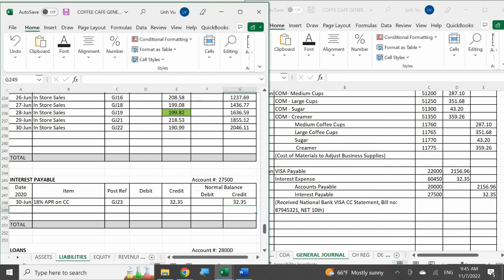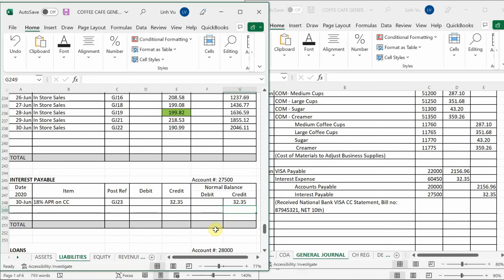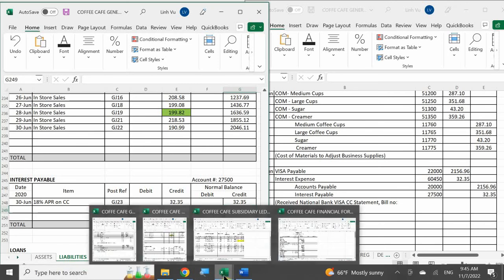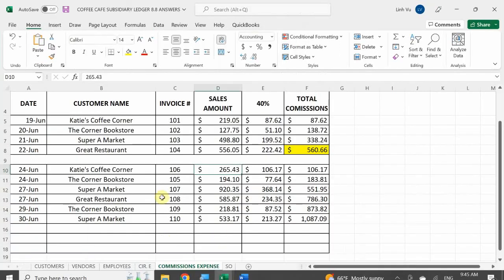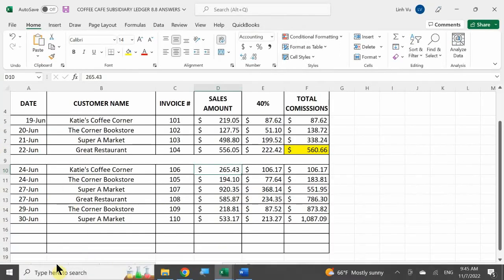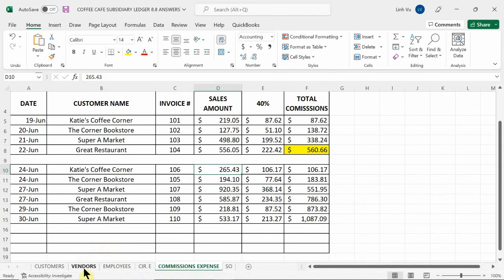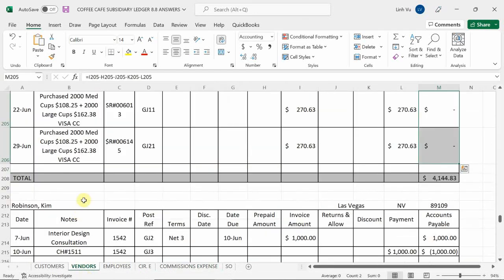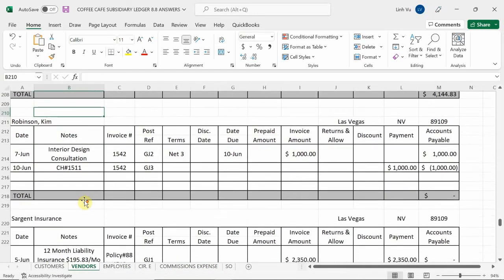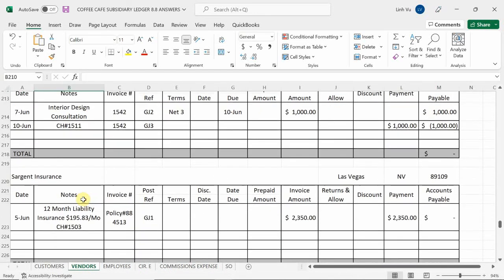Okay, so last things last: because I used National Bank Visa, I also need to plug that into my subsidiary ledger, to represent that I did receive my credit card bill and I am going to make a payment to it. All right, so let's see.